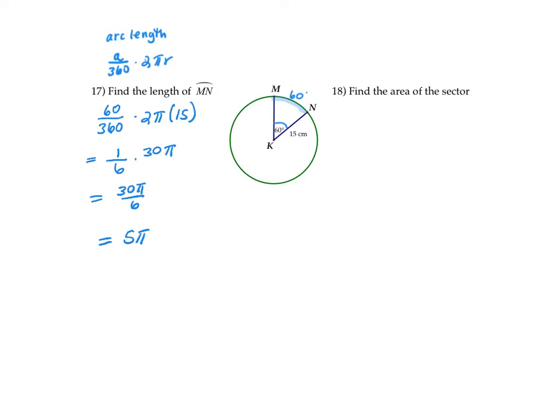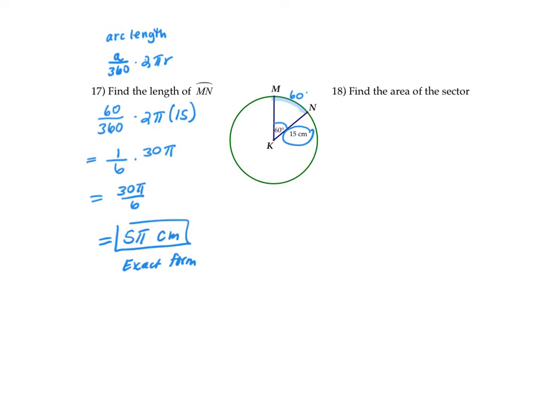Now we need a unit of measure, so check out the radius. It's in centimeters, and we're going to leave ours in centimeters too. And this is exact form. And that's how I would like your answers written, okay? Do not multiply the 5 by pi by 3.14 or even the pi key on your calculator.